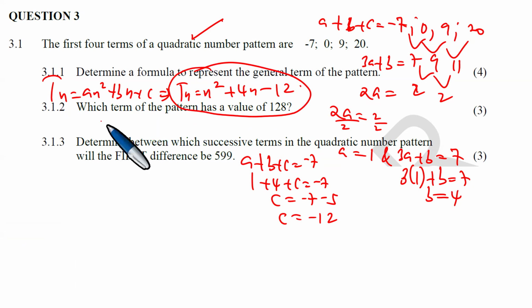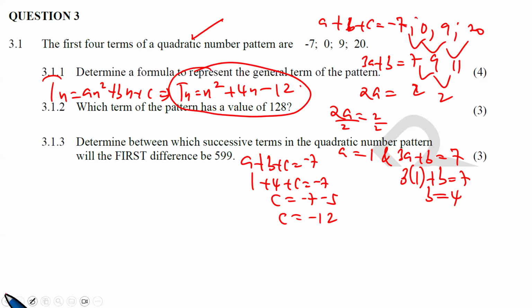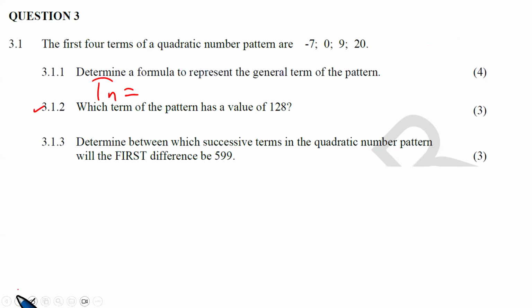Now, which term of the pattern has a value of 128? So we look at the next question. If we already know that Tn is n squared plus 4n minus 12, and which term of the pattern is the value of 128?